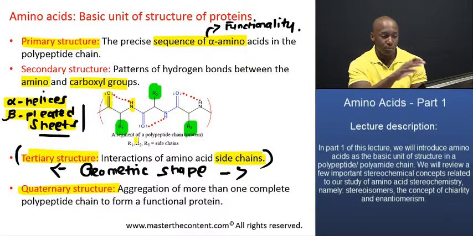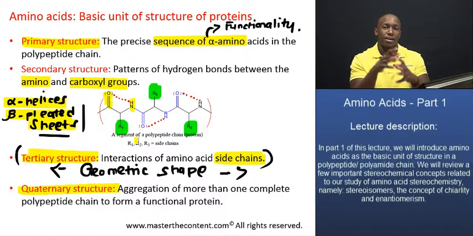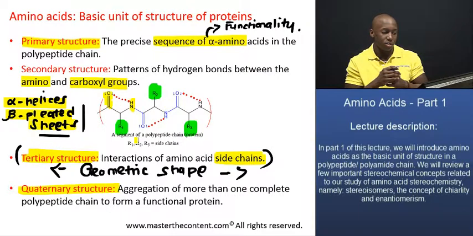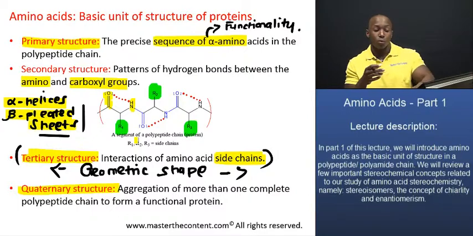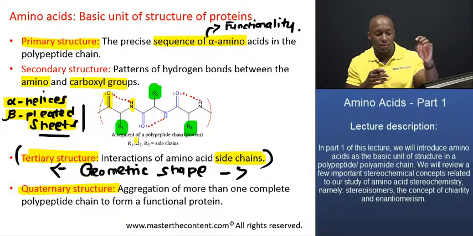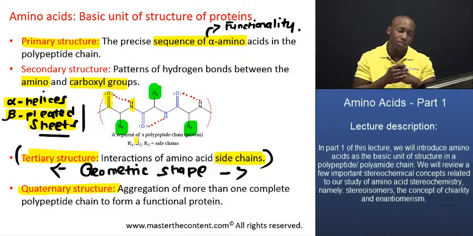This was just to point out the hierarchy of the levels of organization. I don't want you to think that the only functional proteins out there are ones achieving the quaternary level, because we certainly have much simpler proteins, up to the secondary or maybe even the tertiary level of organization, that carry out pretty complex functions.